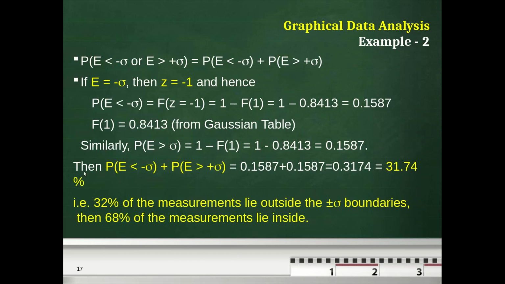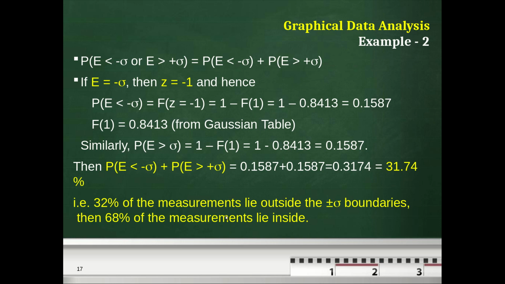Now let's see the similarity for the other side, for higher than sigma. So this is the value. Then the probability of the deviation to be less than and higher than sigma is equal to 31.74.